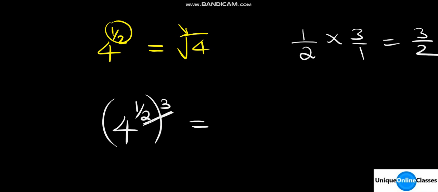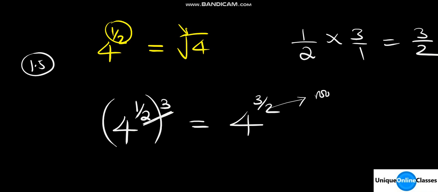So here we write 4 power 3 over 2. What is 3 over 2 on the calculator? 3 over 2 is the same as 1.5.